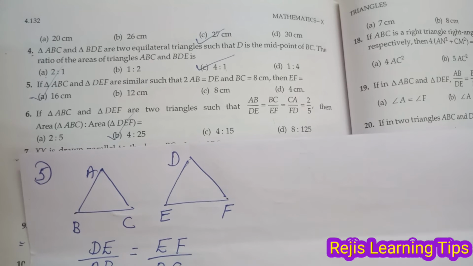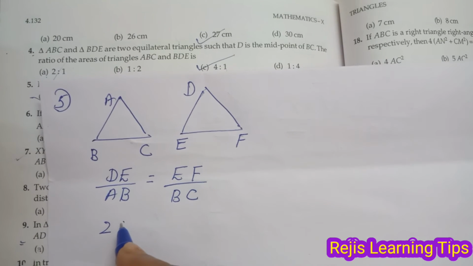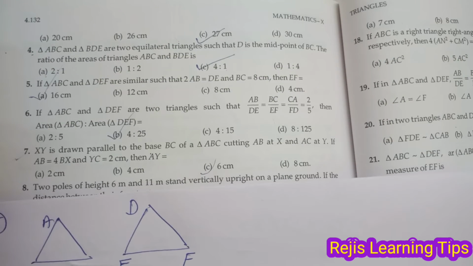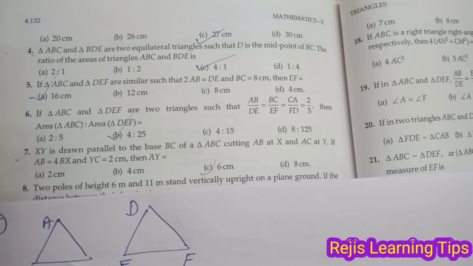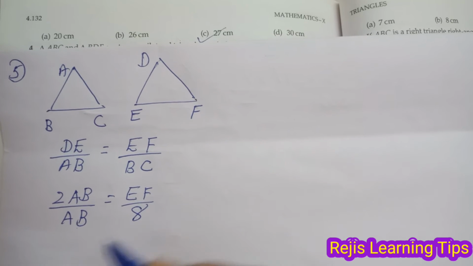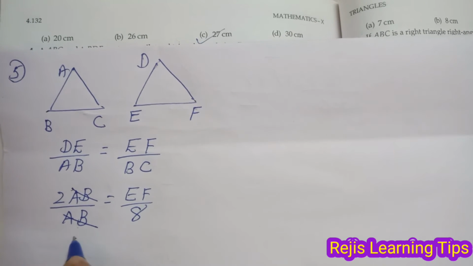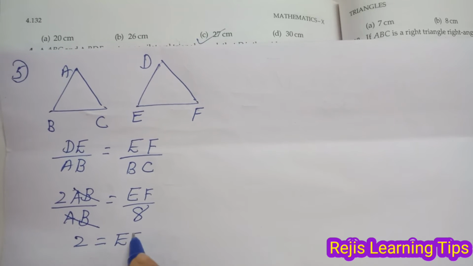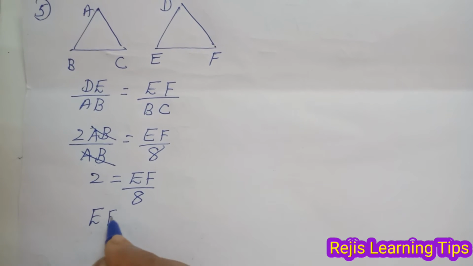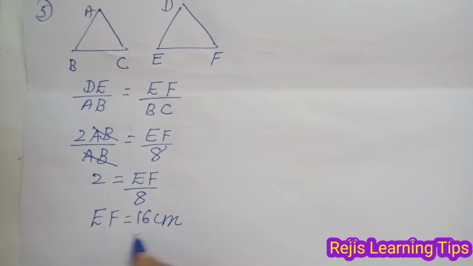Given 2AB is equal to DE, so instead of DE we can write 2AB by AB is equal to EF by BC. We want to find EF. BC is equal to 8 cm. So EF divided by 8 cm. We can cancel AB and AB. Then 2 is equal to EF by 8. Therefore EF is equal to 16 cm. So our option is A.